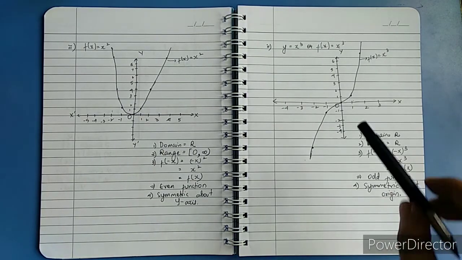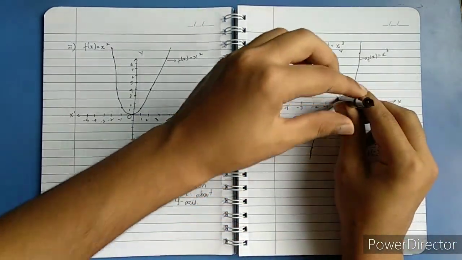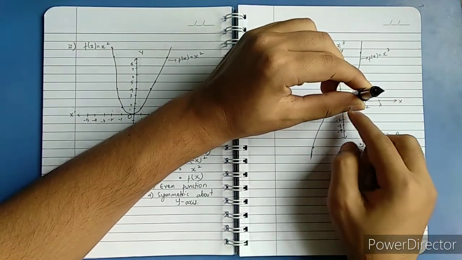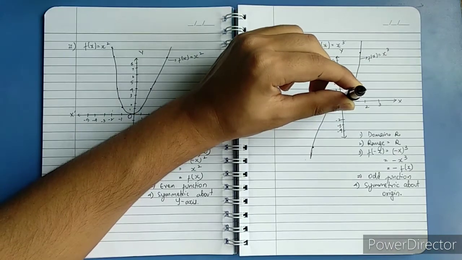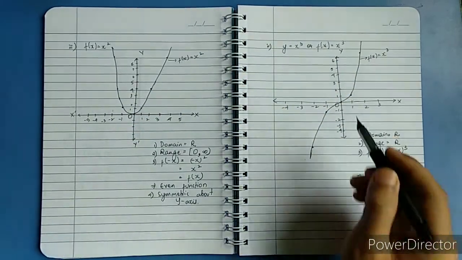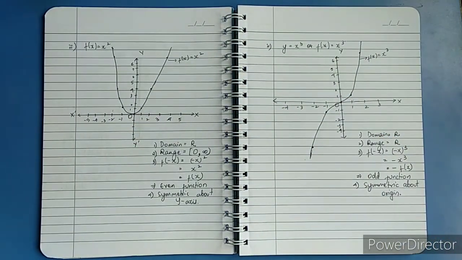As we can see, if you take this point, the graph is symmetric about the origin. This point acts like a mirror. What goes here, the same is coming over here as well.